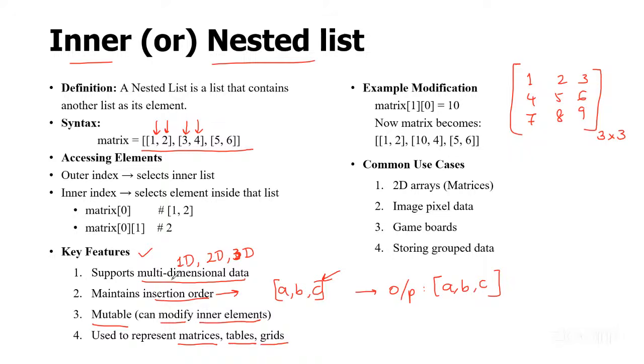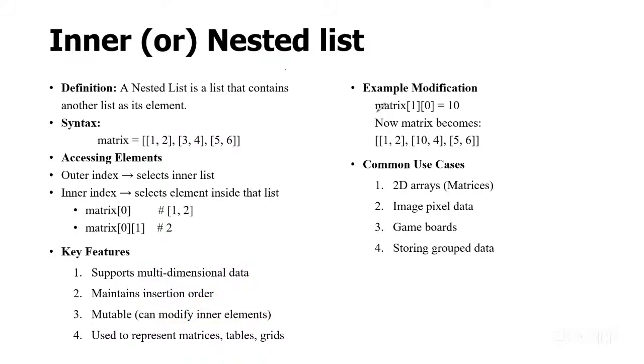So how can I modify elements in my inner list? Here we can access elements like this, right? The first brackets will give you the inner list you want to access. Here we have 0, 1, 2.